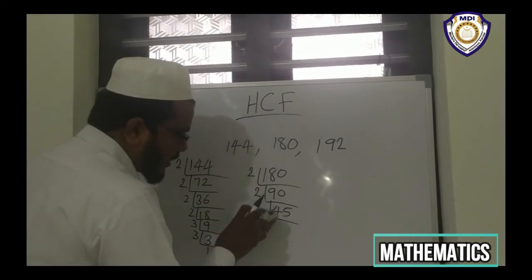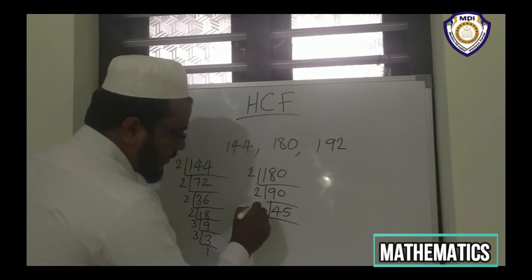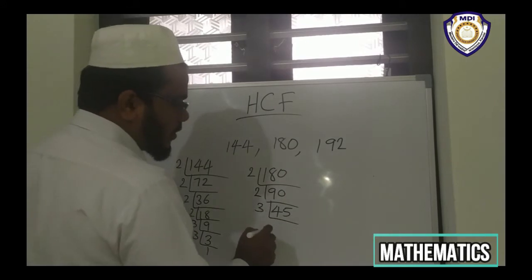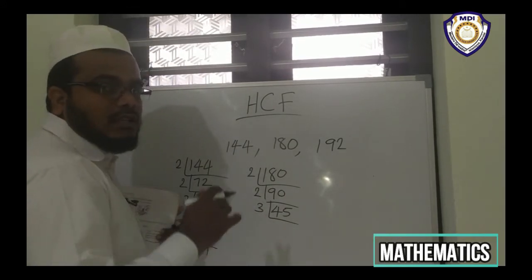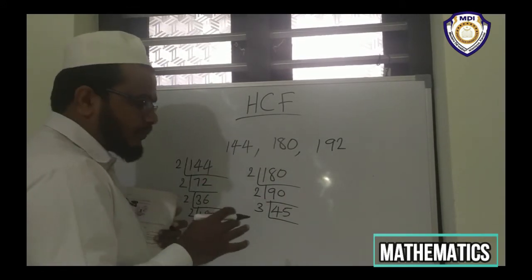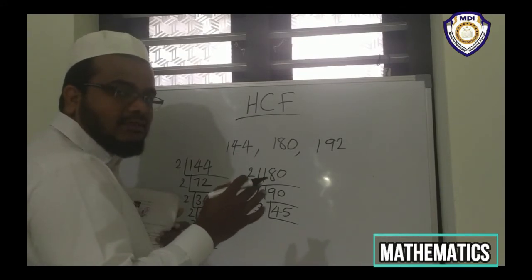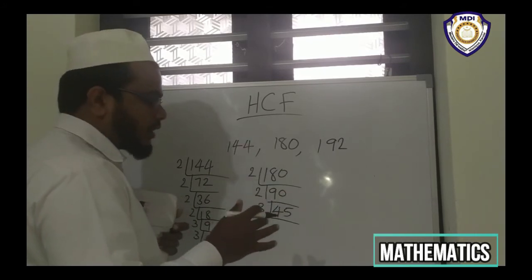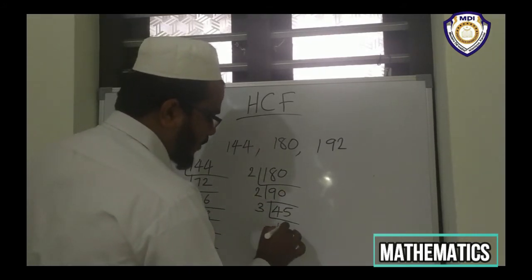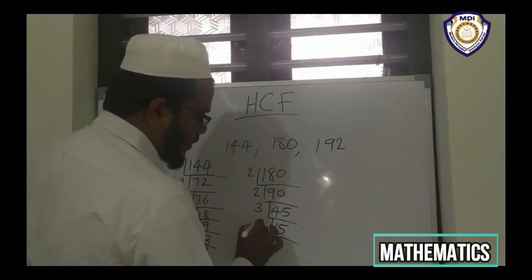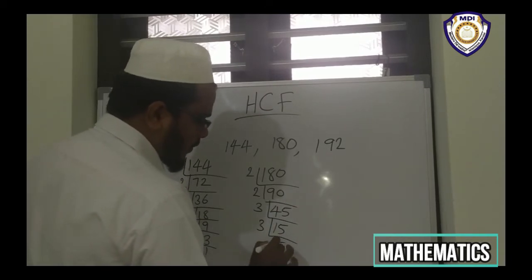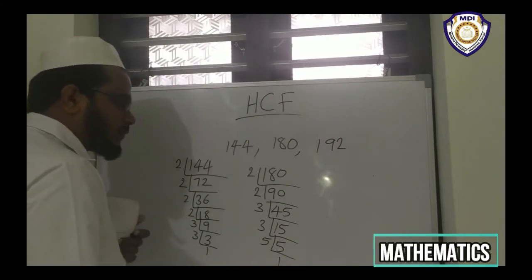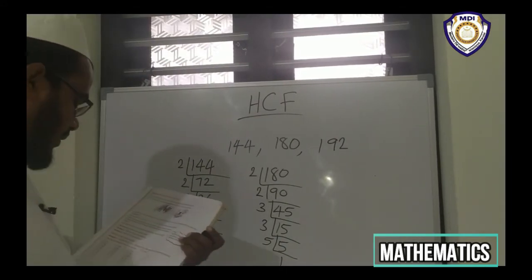We select 3. How many 3's are there? 10 into 3 is 30, 5 into 3 is 15, and 30 plus 15 is 45. Then 15, then 5, then 1.